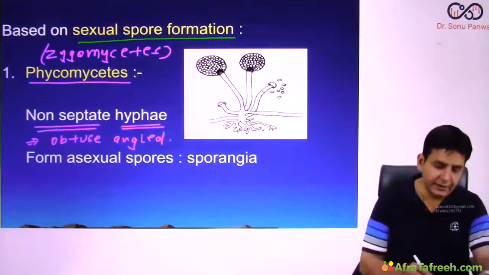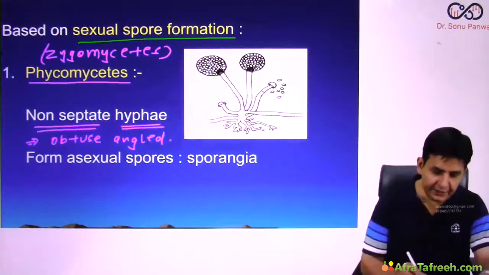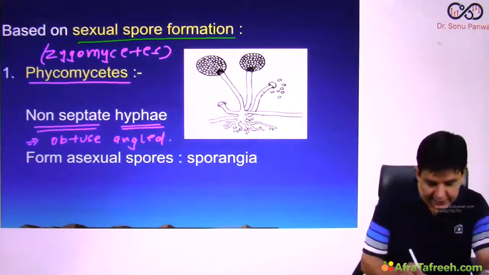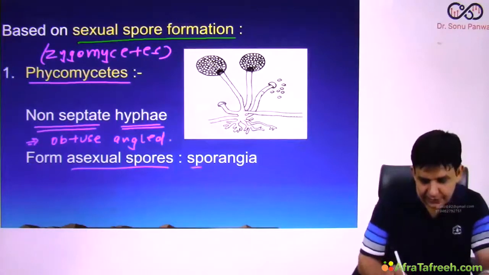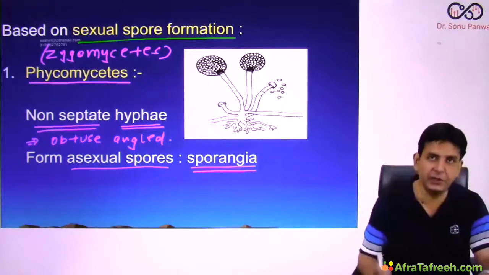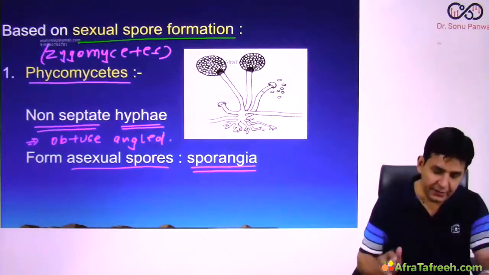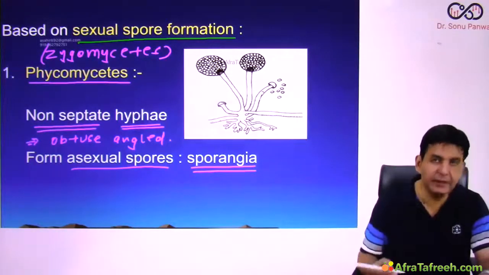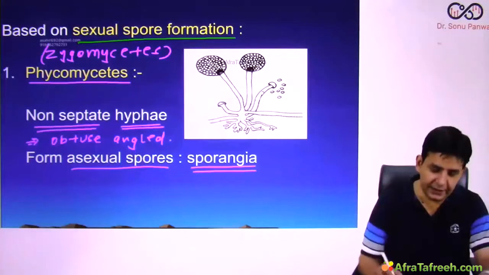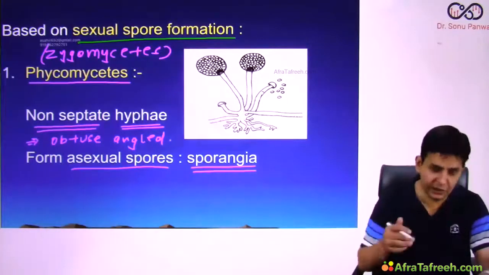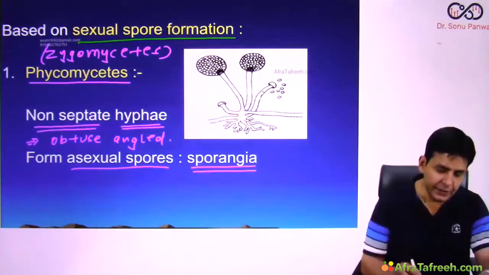So the phycomycetes have non-septate hyphae, they are obtuse angled, and they form asexual spores within sporangia.